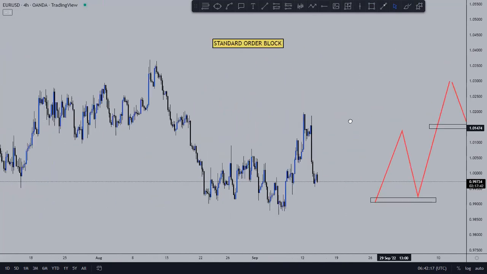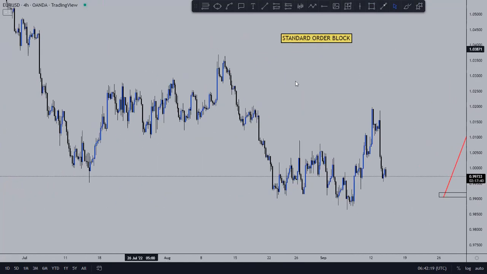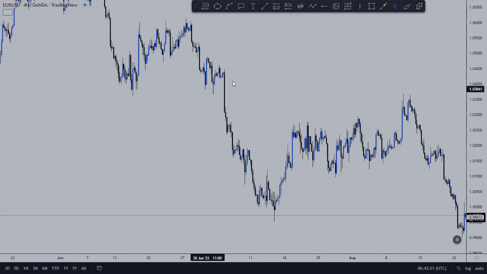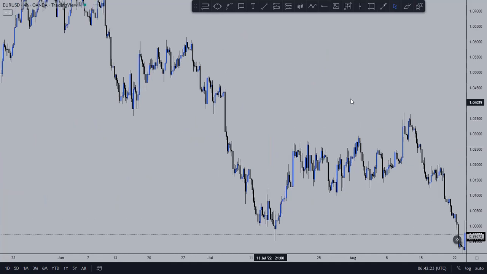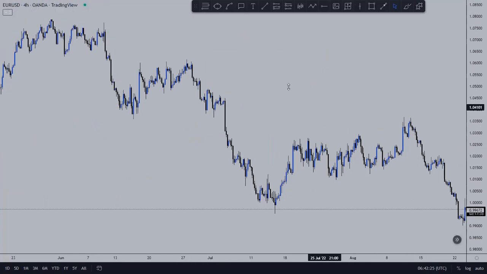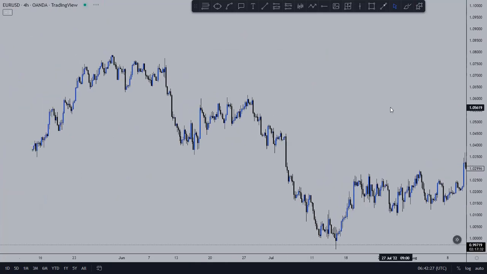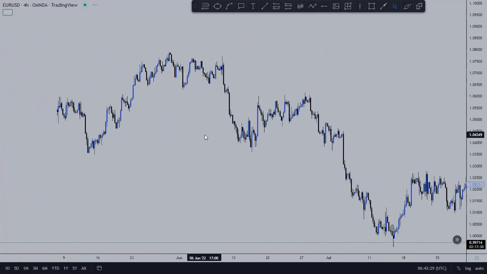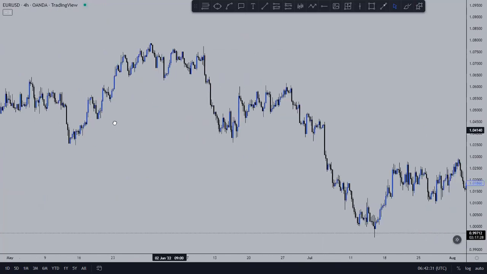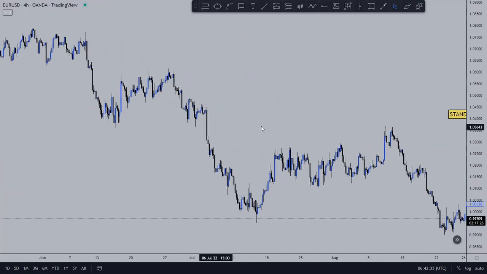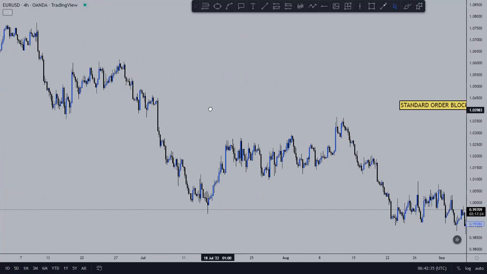So chart example now, right now we're on Euro USD. We want to identify the standard order blocks only.